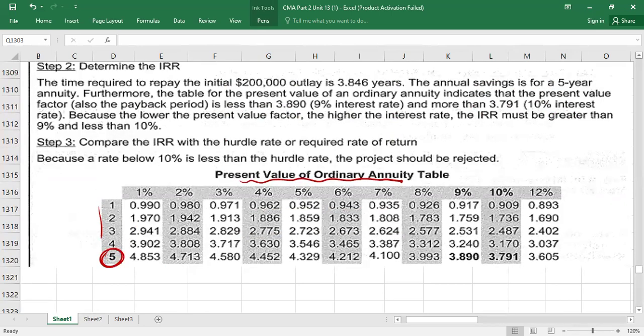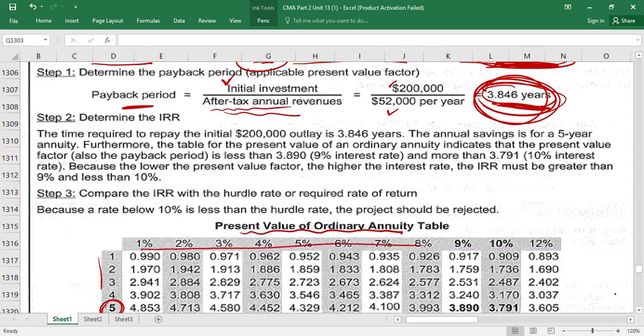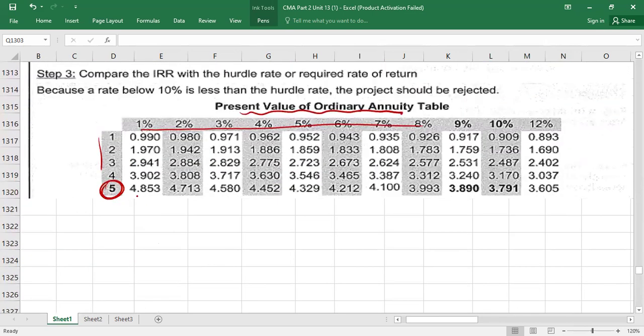And then I'll find this answer, the payback, is written under which percentage. These are the percentages here, right? So I'll find out this value, 3.846, in the row of year 5.